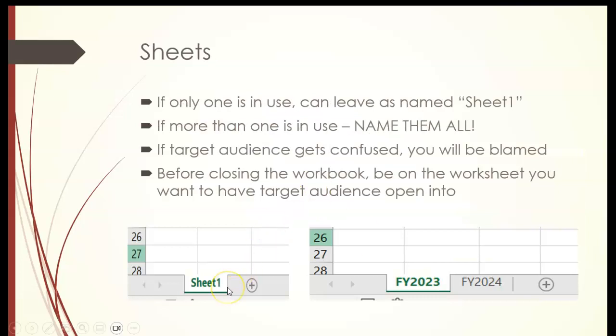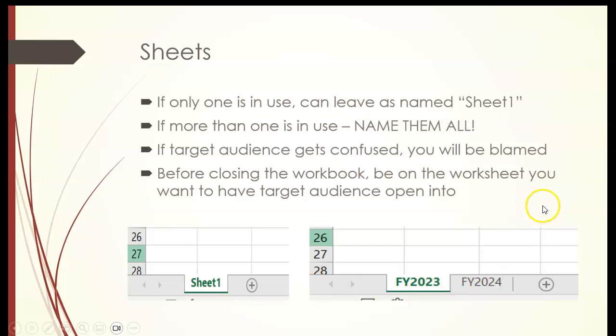Sheets. Normally when you create a blank new workbook, it's called Book 1, and down at the bottom it will be followed by Sheet 1. That's fine if you are just using one sheet within that workbook. When you save Book 1, give it a name that you will be able to easily understand, so you can find what information is contained within that workbook. Always give the workbook a strong, powerful name.